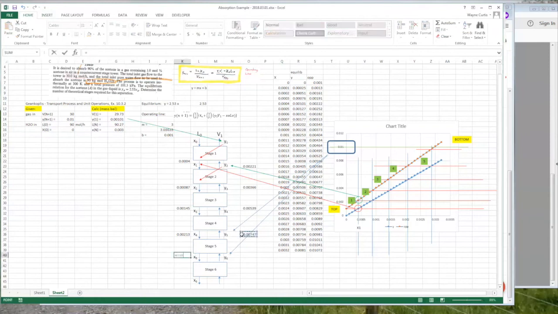Divided by the equilibrium again. And then we come back to the operating line as well. And that'll be m times the stage equilibrium plus the intercept.